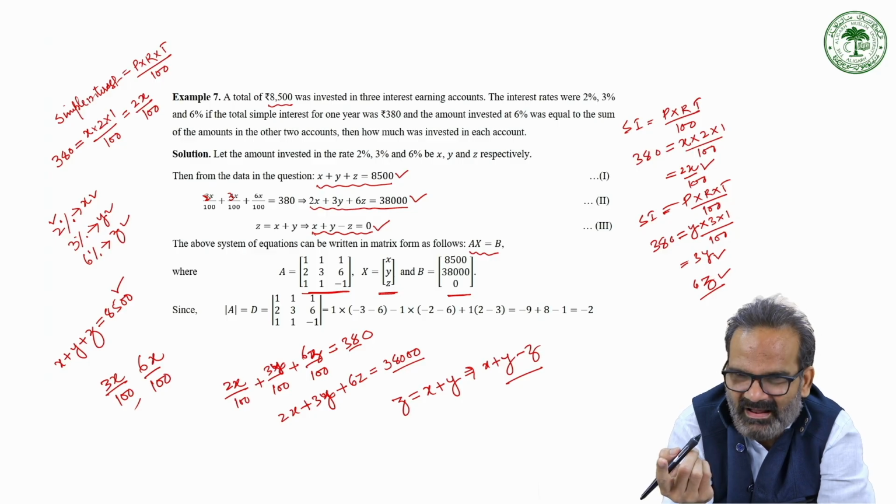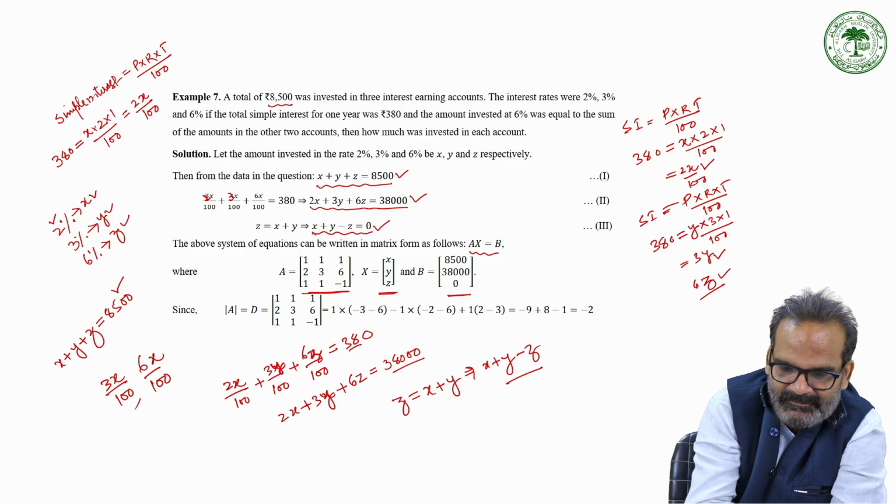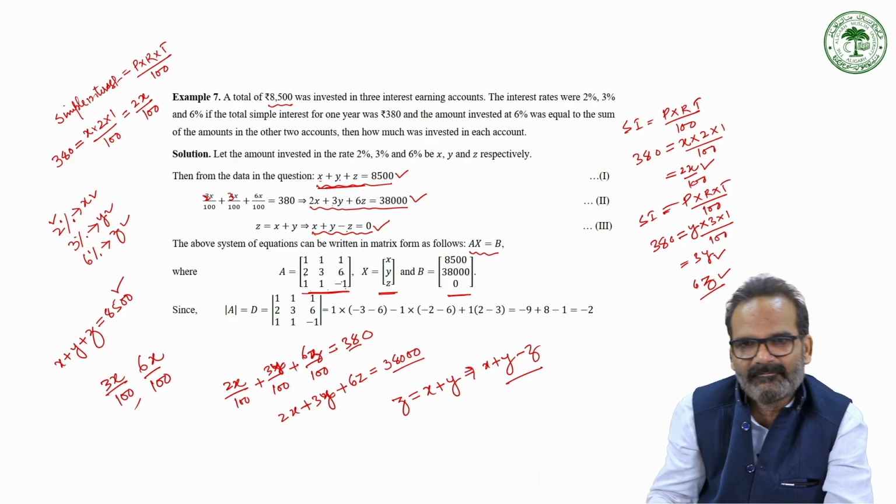How do we write the matrix? I have explained it many times. The first row of A is the coefficients of x, y, z in the first equation, which is 1, 1, 1. In equation 2, 2, 3, 6. In equation 3, 1, 1, minus 1.